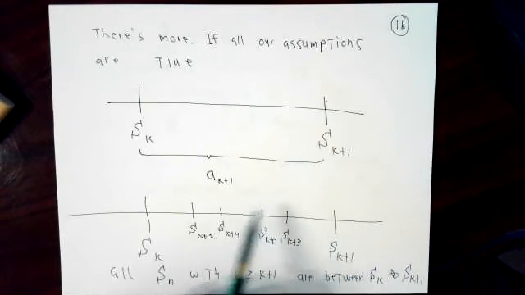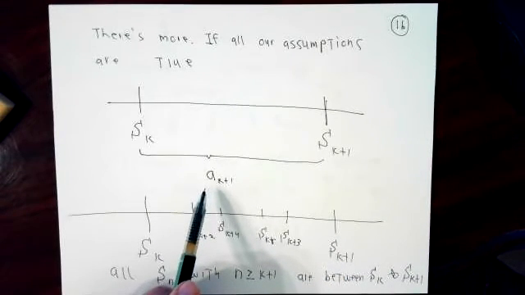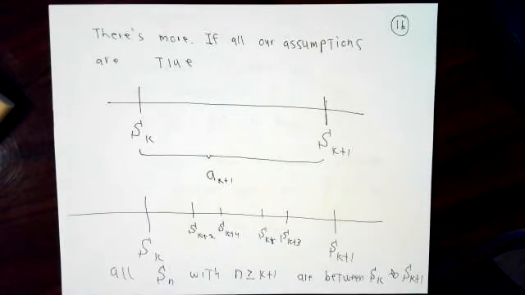The amount that I increased it by is a_{k+1}. To get S_{k+2}, I'm going to subtract a_{k+2} away. That'll mean S_{k+2} is smaller than S_{k+1}. But a_{k+2} isn't as big as a_{k+1} is. So even though I'm moving to the left, I can't move all the way back to S_k. So S_{k+2} is going to be bigger than S_k.